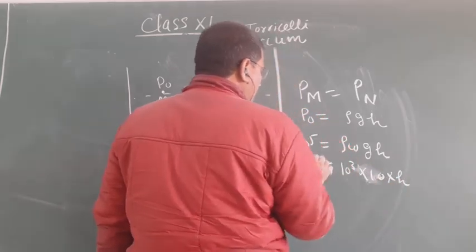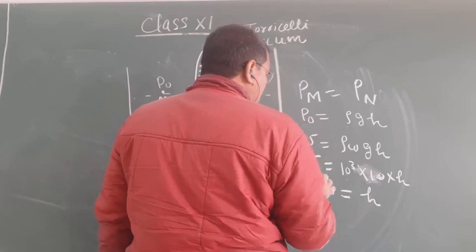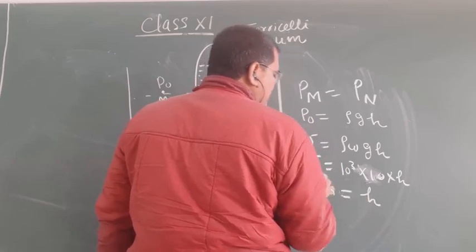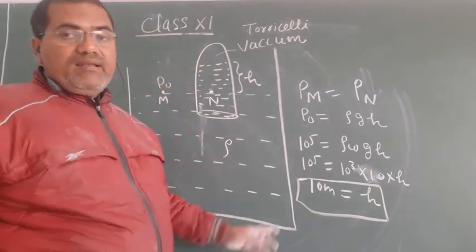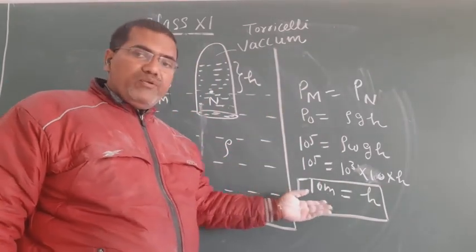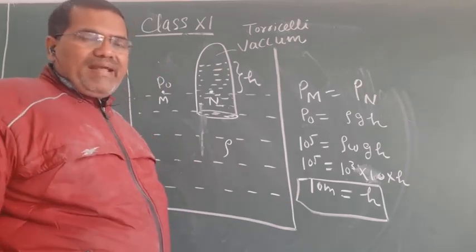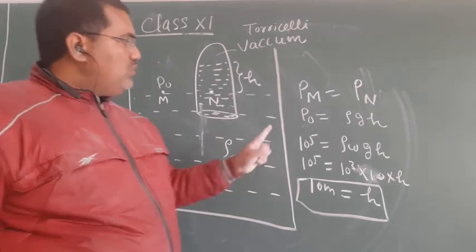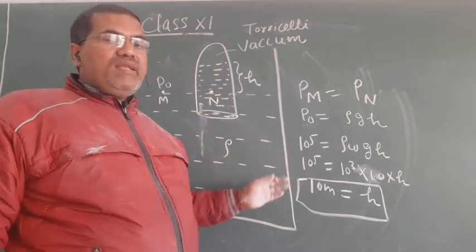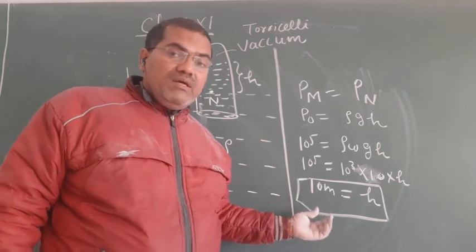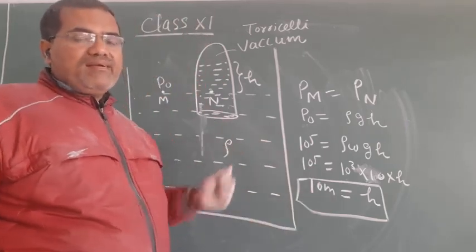So 10 to the power 5 equals 1000 times 10 times h, so h will be 10 meters. It's a very long tube, which is not practical.